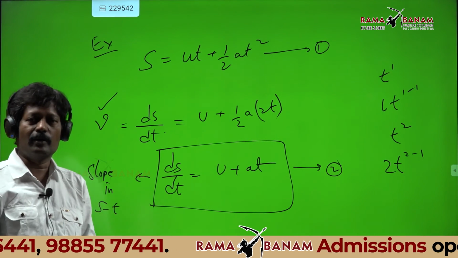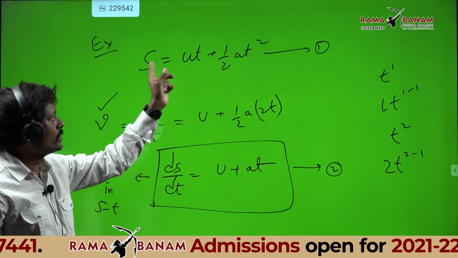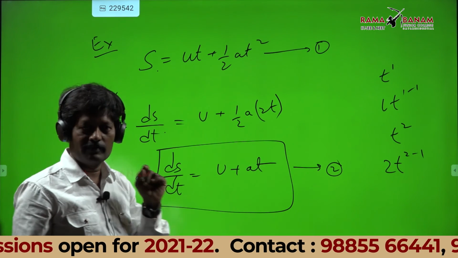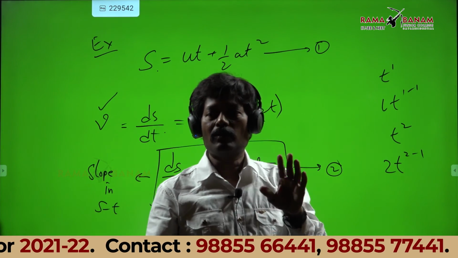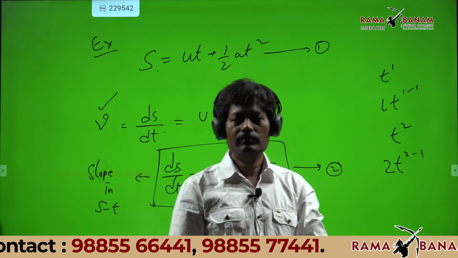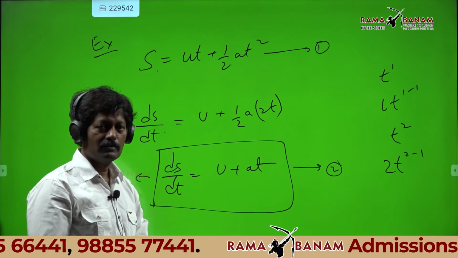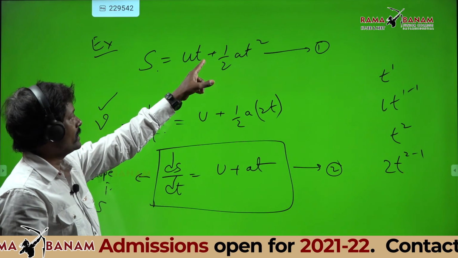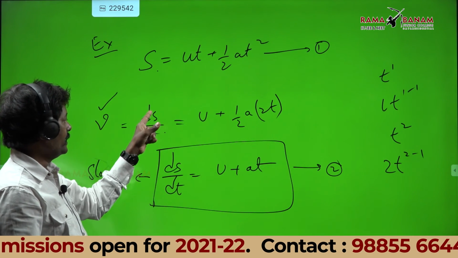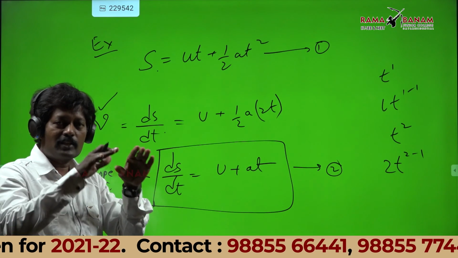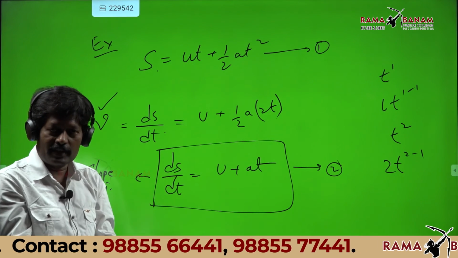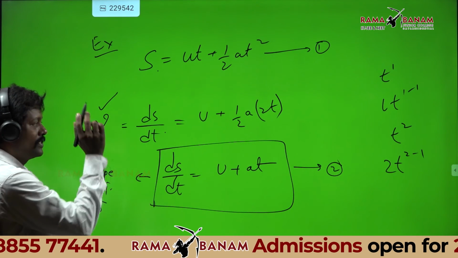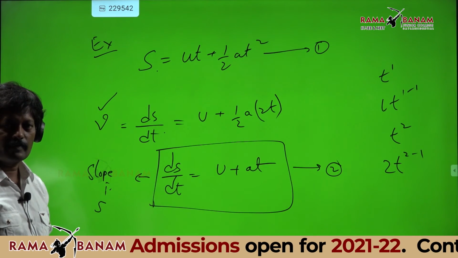That's what I am going to explain now. What is the slope in the ST graph? ds by dt. That is the slope, but that slope has given you a physical quantity. What is that physical quantity? Velocity. Write down till there.